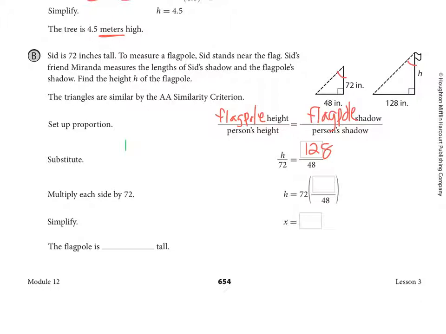And let's do a little bit of LCD work here, because we can clear out our denominators by finding the correct LCD. So for the LCD of 72 first, we know, you guys, that that is 8 times 9. 8 is also the third power of 2, and 9 is the second power of 3. Our other denominator is 48.